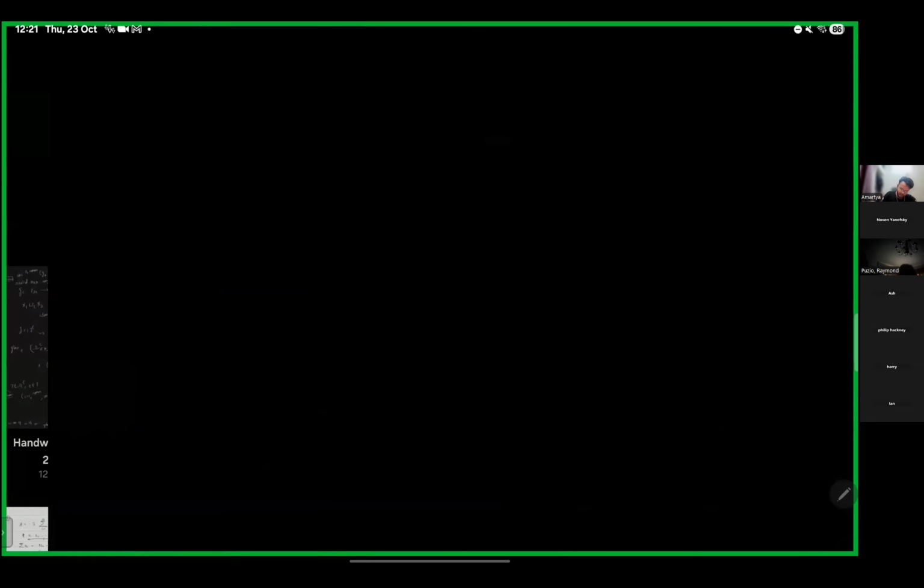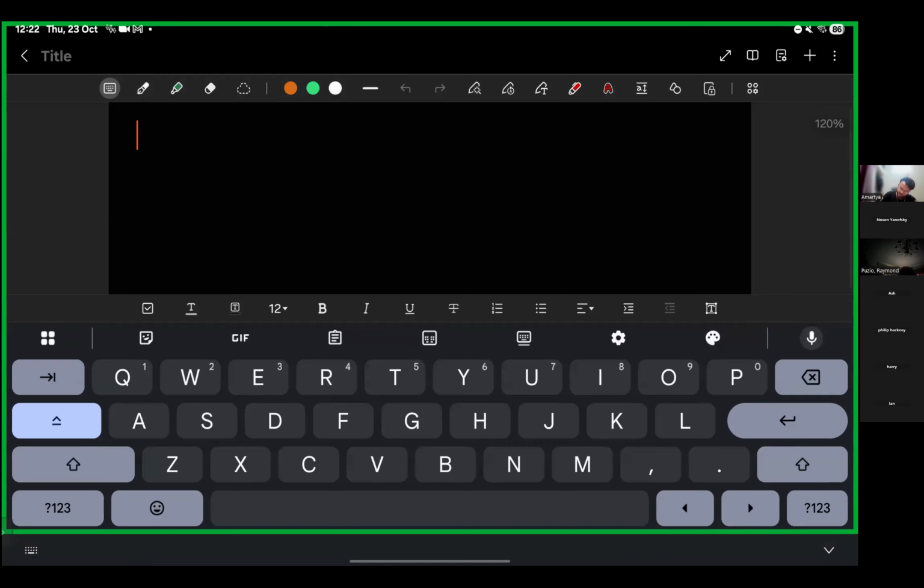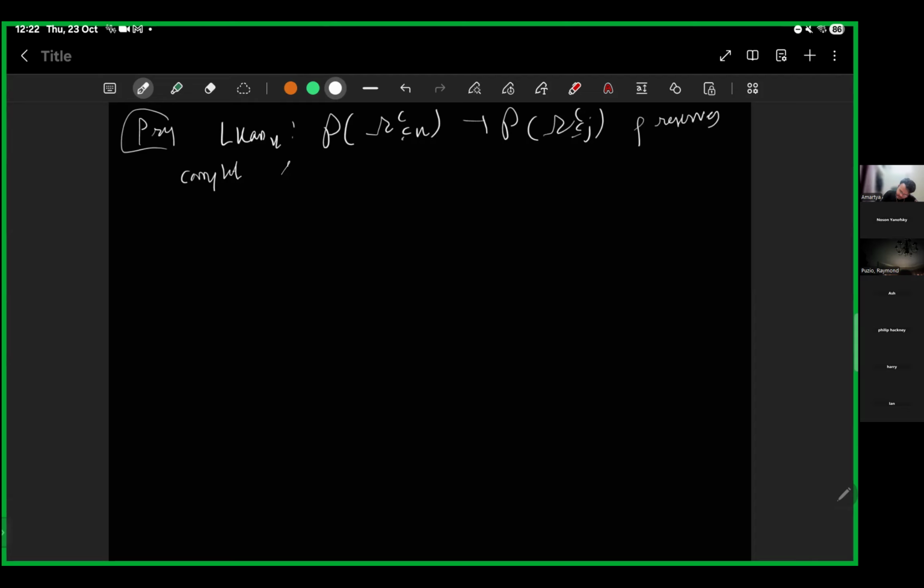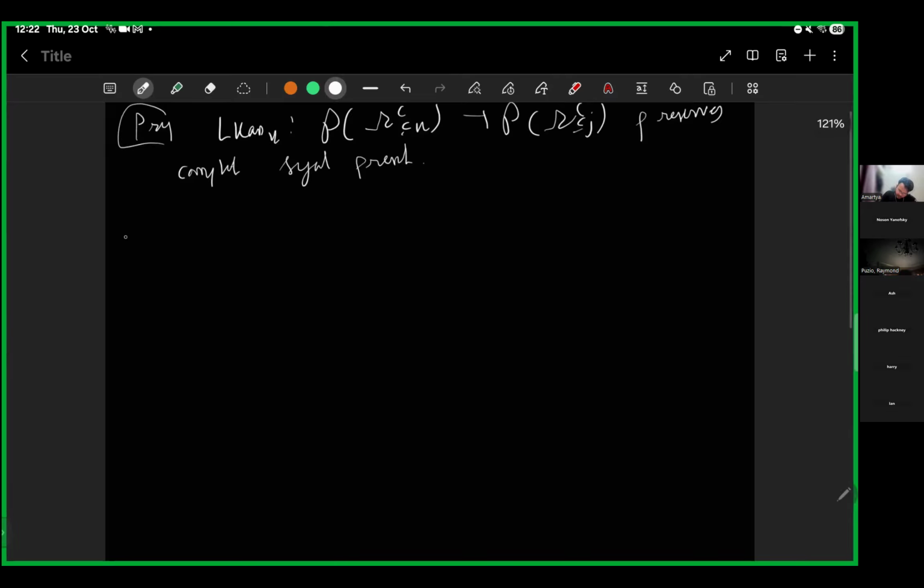Right, so now we're going to prove the main theorem. It's a proposition: the left Kan extension preserves complete Segal presheaves. Proof sketch rather. First we're going to prove that this L con K preserves Segal presheaves.